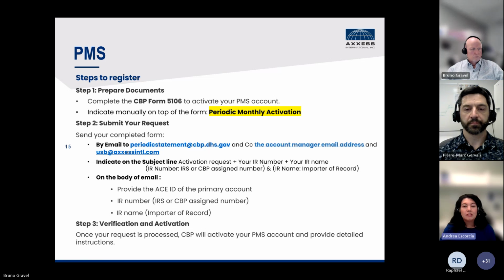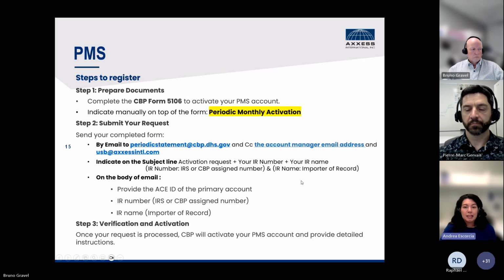usb@accessintl.com. In the subject line, please indicate activation request with your IR number and your IR name. The IR number is the IRS number, or it could be a CBP assigned number. And the IR name is the importer of record.